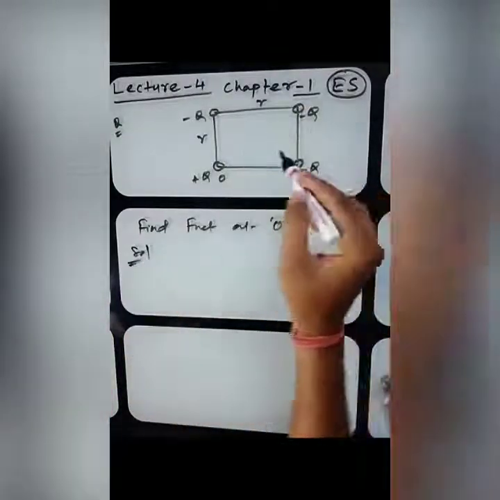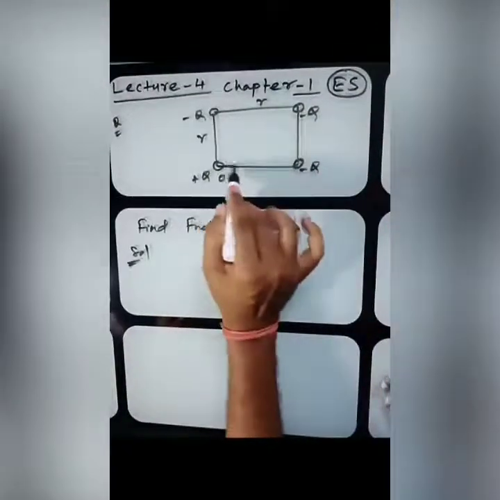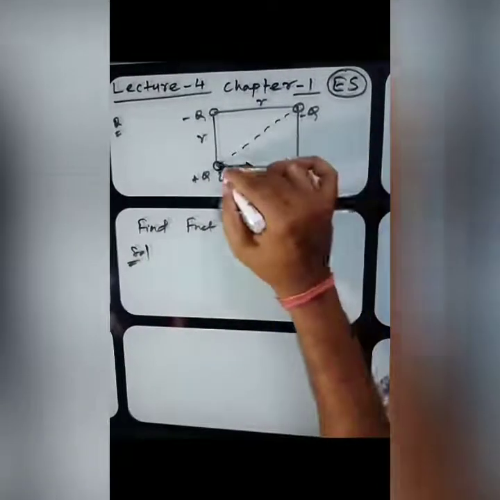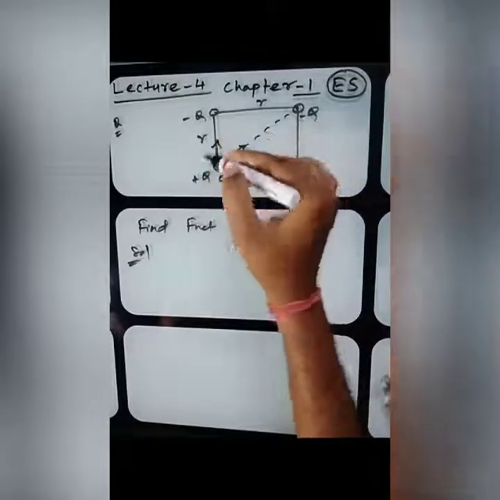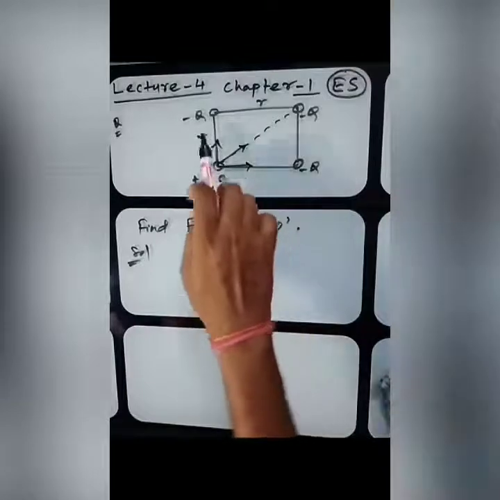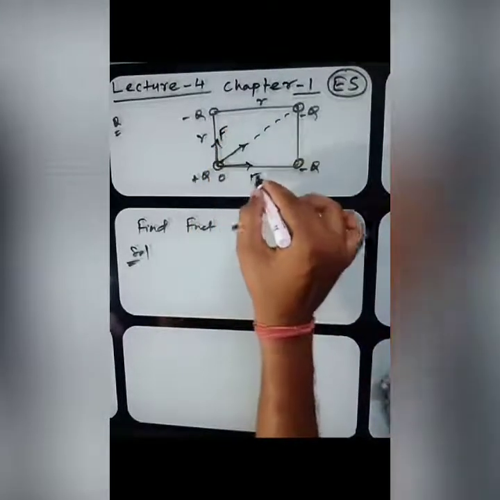The force between the 3 charges you have to find. Here the positive and negative, the direction will be in this direction. The force will be in this direction and the force will be in this direction. Of course, these 2 charges are same in magnitude, so the force will be same in magnitude.